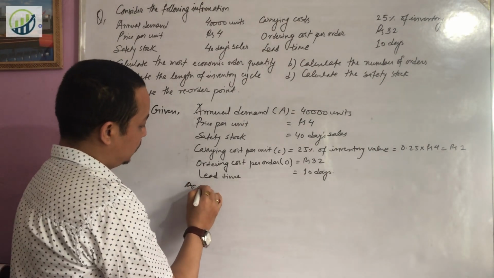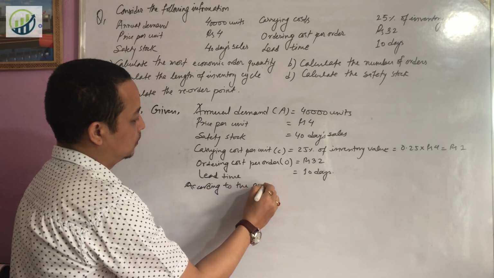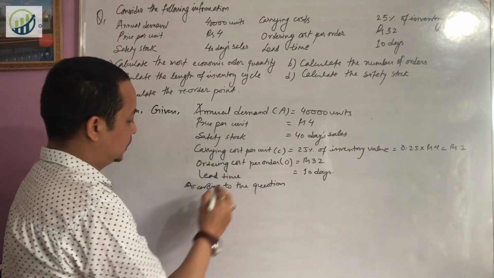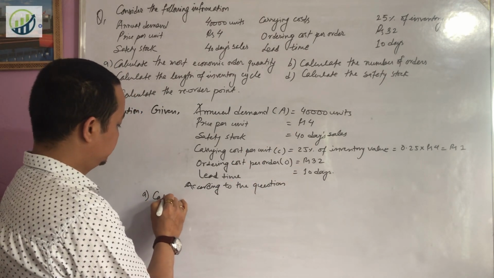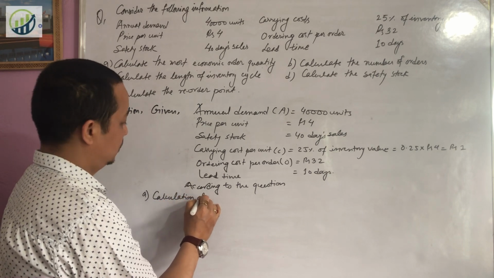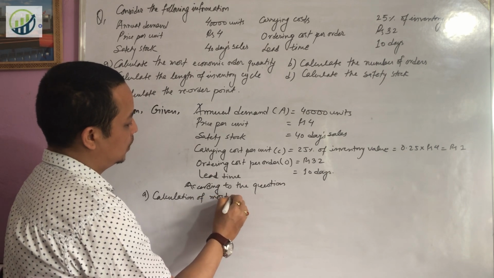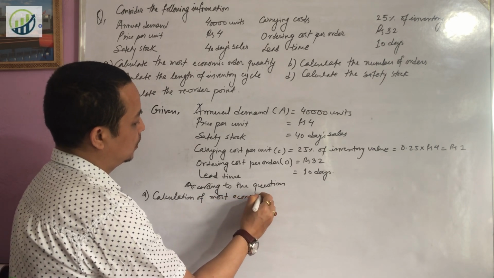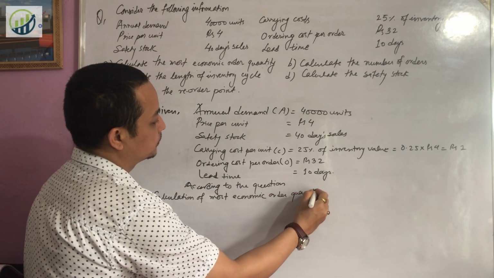So now according to the question, here a calculation of most economic order quantity.